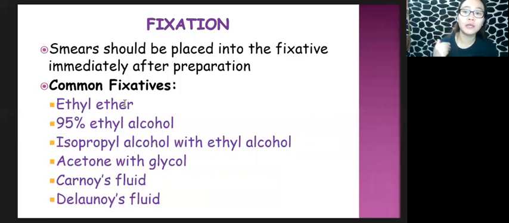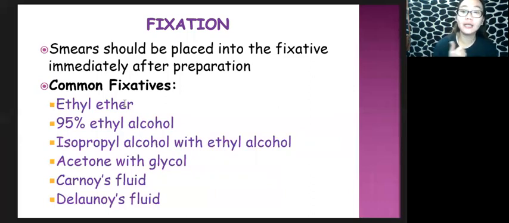It's a highly flammable substance, it's a highly volatile substance. So its use in the laboratory is being avoided already. Okay, and so the most commonly used fixative among these common fixatives is your 95% ethyl alcohol.